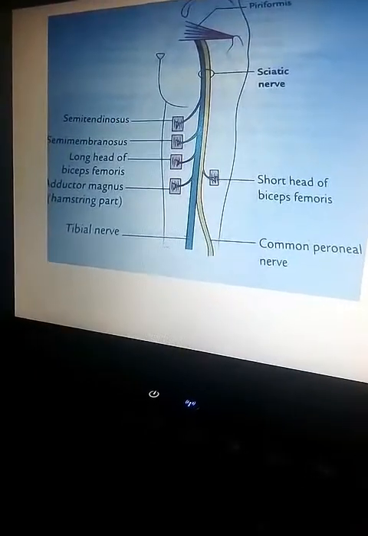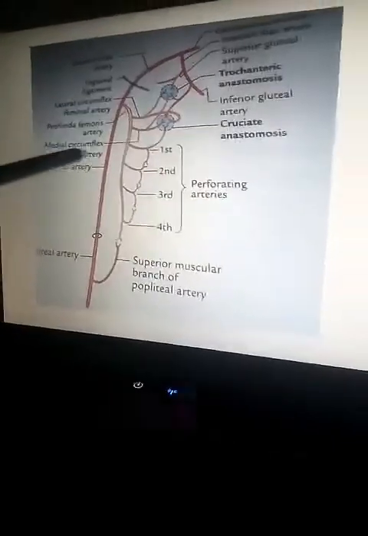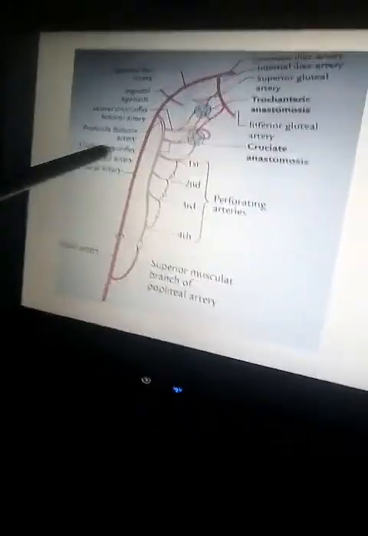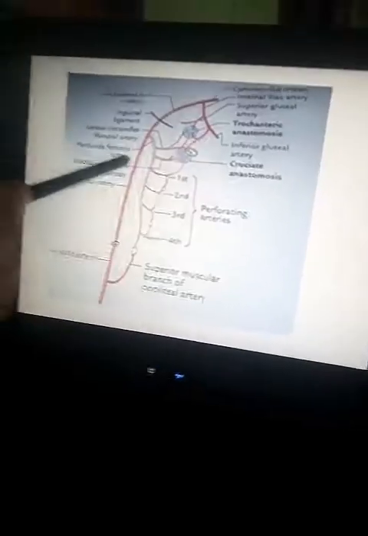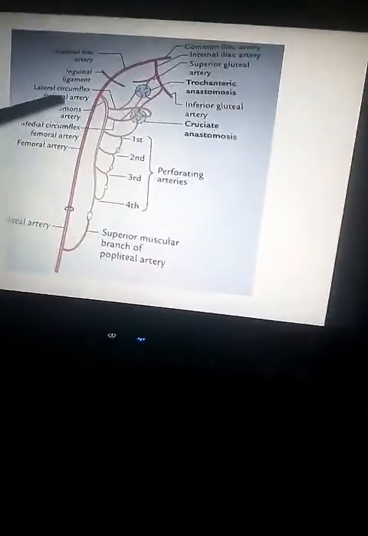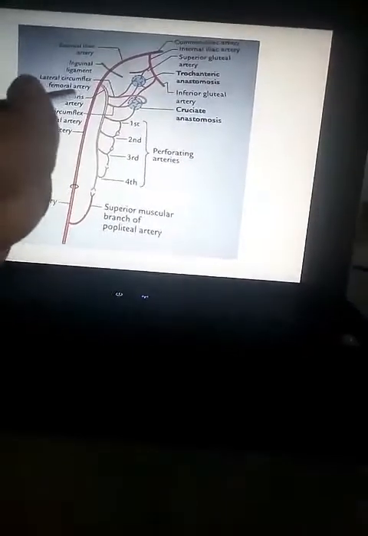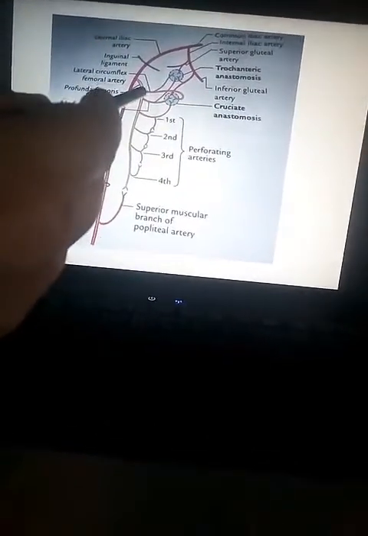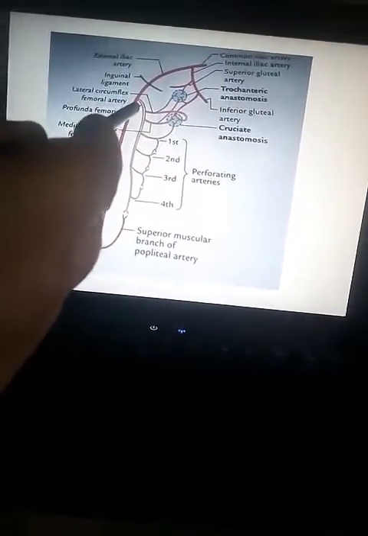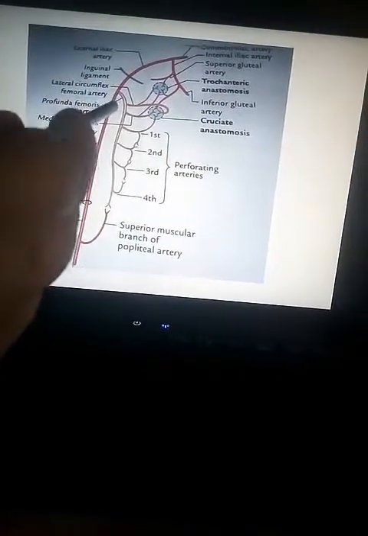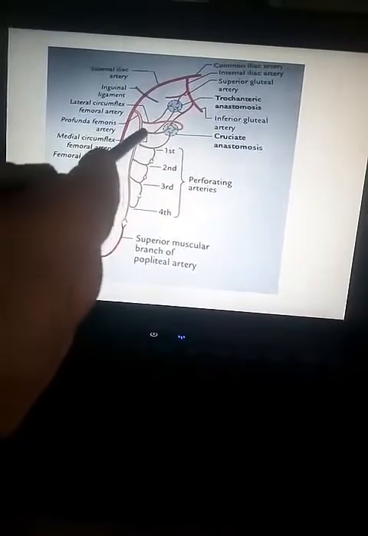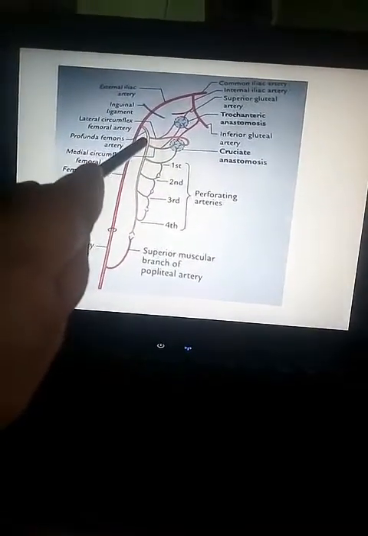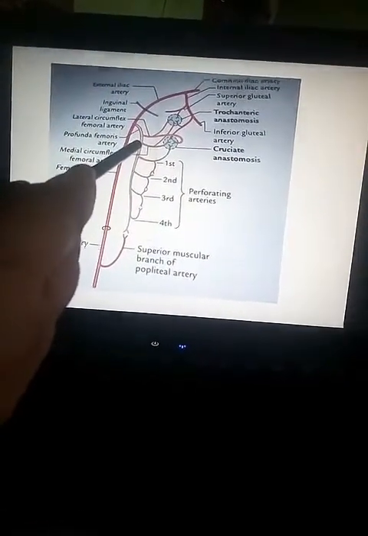Now, what is arterial anastomosis on the back of the thigh? There is longitudinal arterial anastomosis, trochanteric arterial anastomosis, and cruciate arterial anastomosis. The longitudinal arterial anastomosis is the main arterial supply of the back of the thigh. It is derived from the perforating branches of the profunda femoris artery.